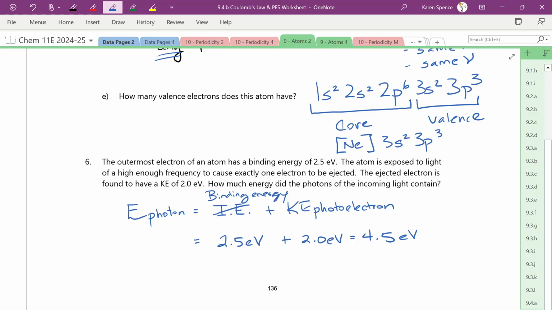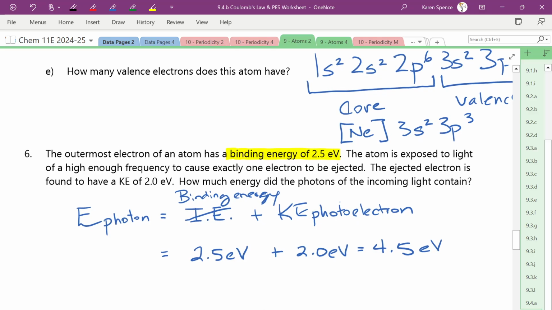Basically, what this question is saying is that we need 2.5 electron volts to detach it. And after it's detached, it also has an extra 2.0 electron volts of kinetic energy. So how much do we have to throw in to detach it and make it move?